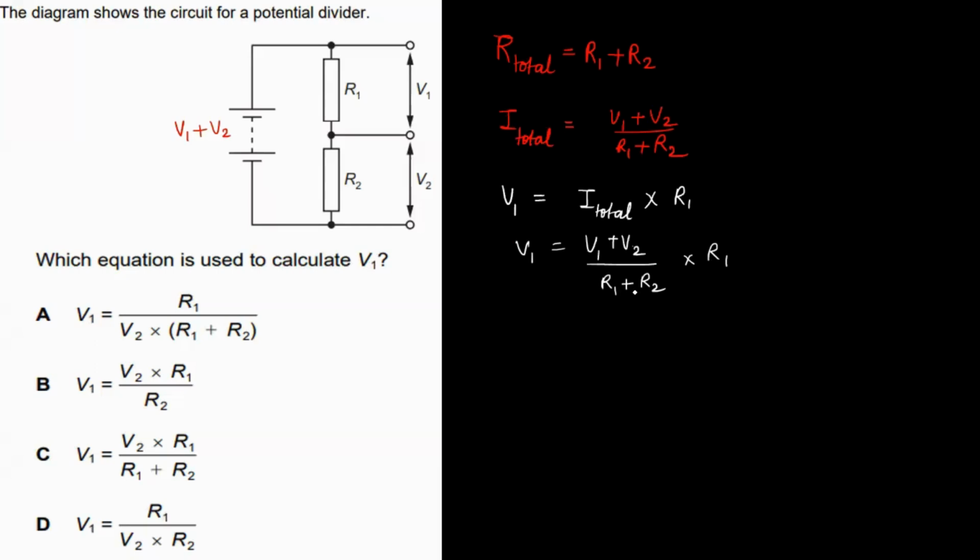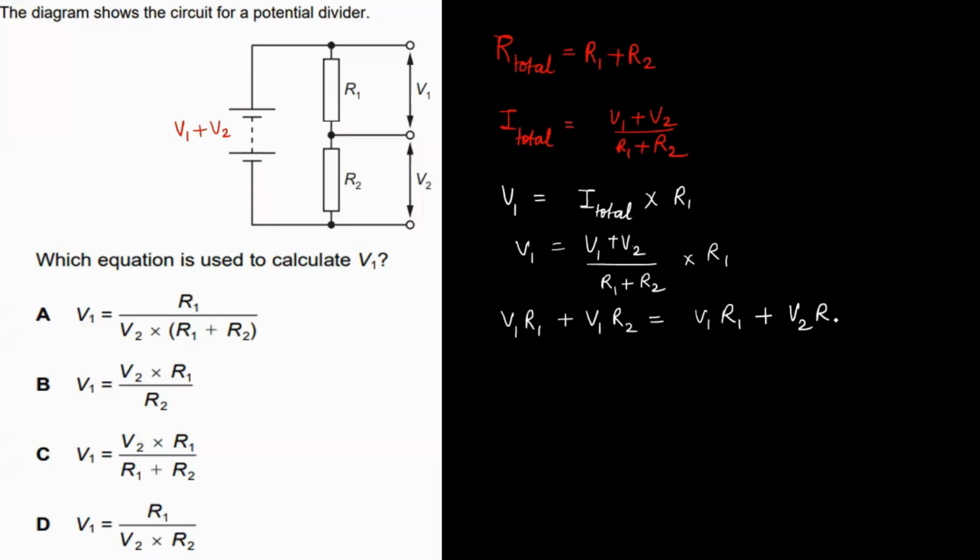Now, if you multiply this here, V1 R1 plus V1 R2 is equal to V1 into R1 plus V2 into R1.